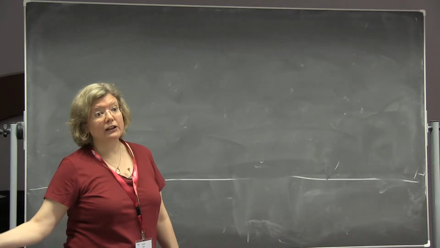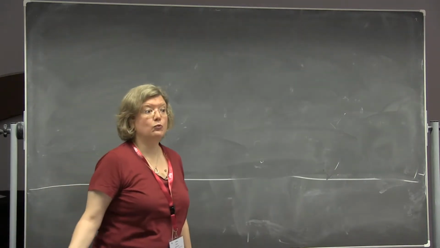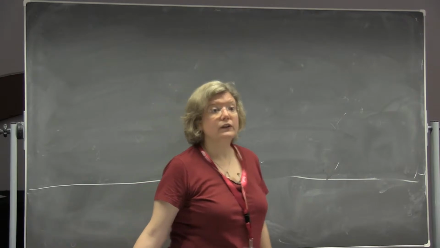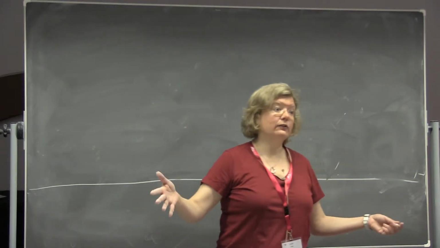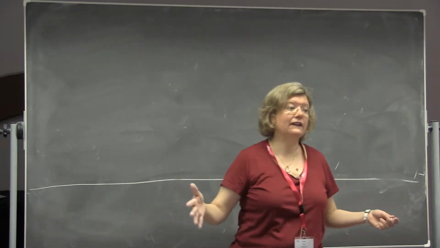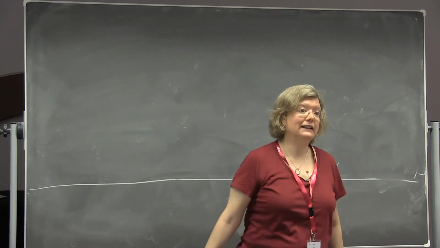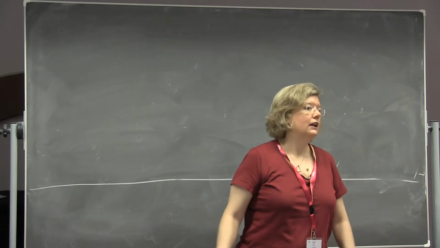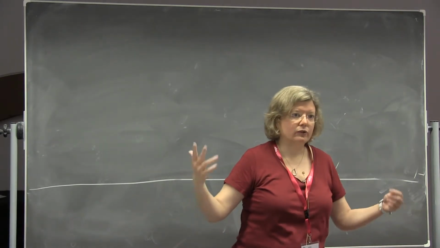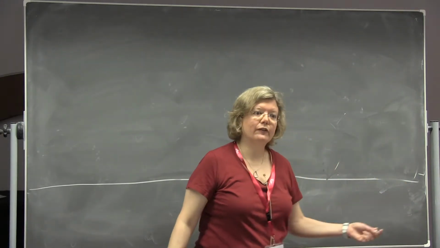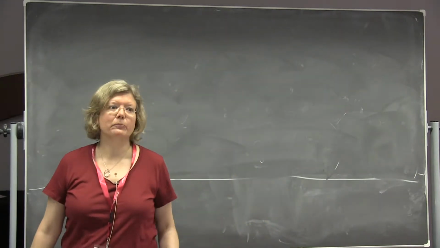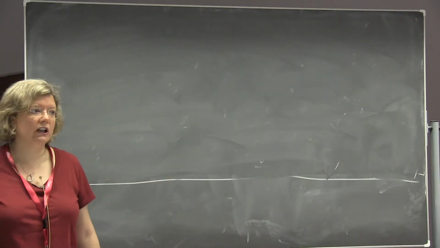The decoupling of the photons happens at a temperature around 1 electron volt. So this means that you have a 10 to the 6 difference in the temperature in the two cases, and this is practically the earliest information we have, if we will not be able in the future to get more information from gravitational waves or some other information, but at the moment this is really our earliest probe.